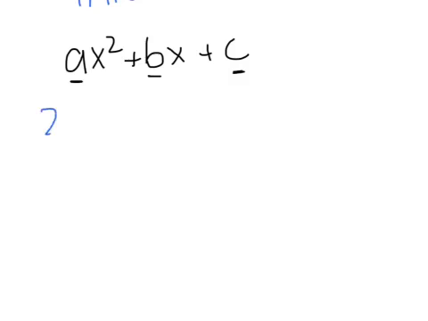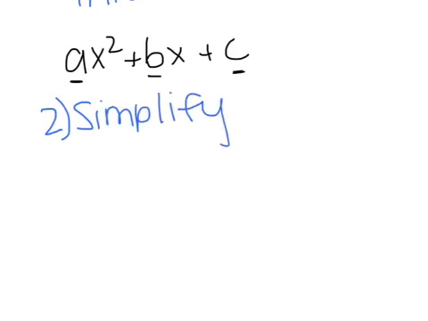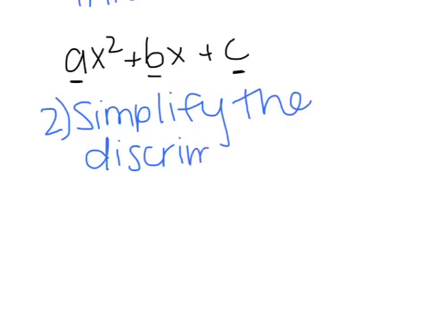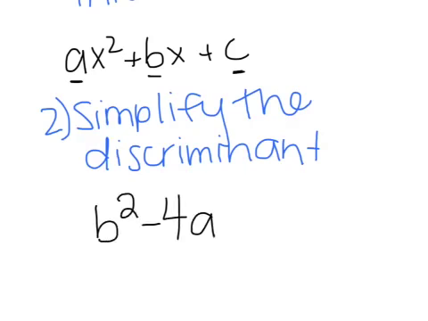So the second step, after you get it into standard form, is you're going to simplify the discriminant. And remember, the discriminant is b squared minus 4ac.